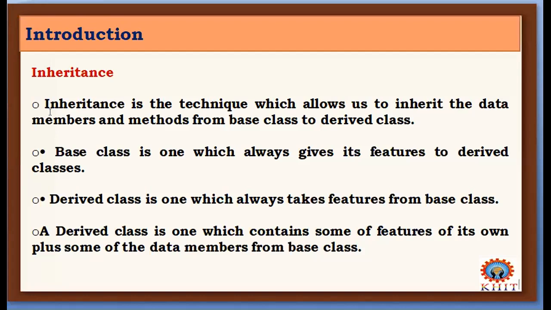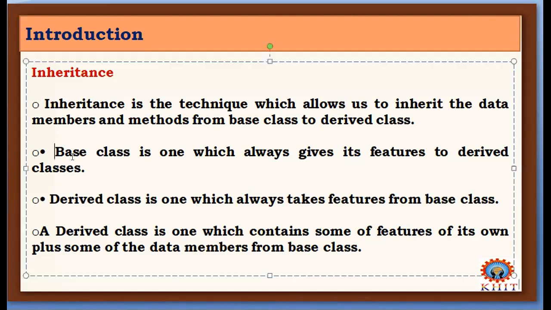So as you can see in the definition here, inheritance is a technique which allows us to inherit the data members and methods from the base class to the derived class. Okay. This base class is one which always gives its features to the derived class.